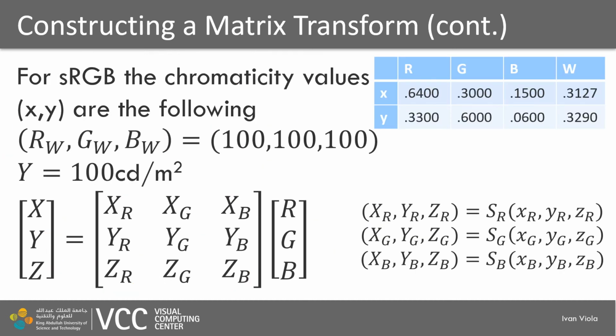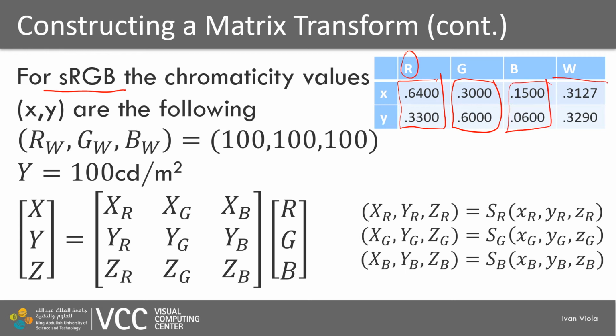We can see one practical example of this using the sRGB color space, which was developed by Microsoft, where the R component has the chromaticity values stored here, xy, G has the chromaticity values here, and B has the chromaticity values stored here.